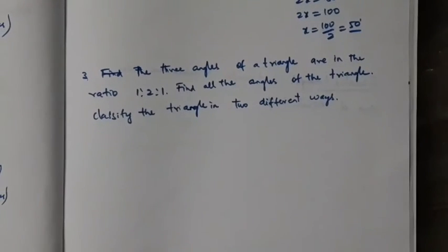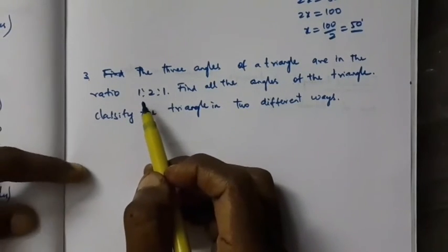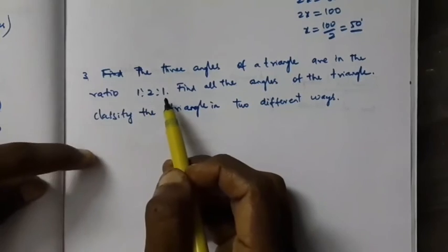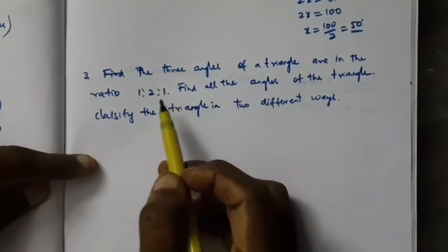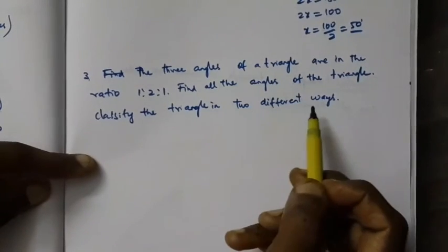The next is: find the three angles of a triangle. Here they have given a ratio. The three angles are in the ratio 1:2:1. They didn't give the angles. Find all the angles of the triangle and classify the triangle in two different ways.